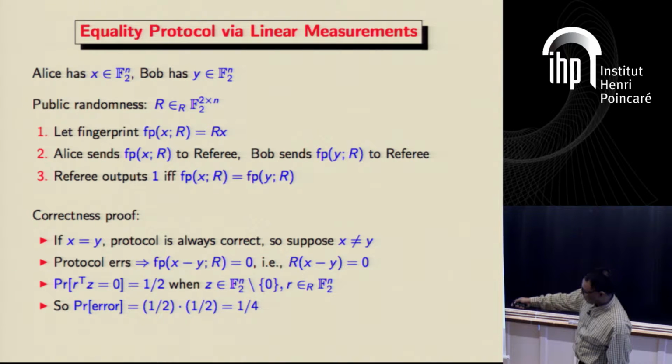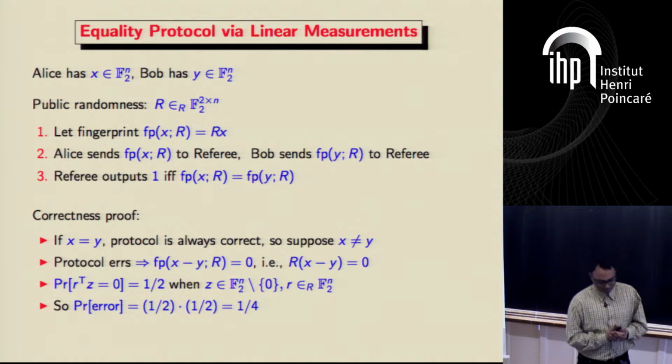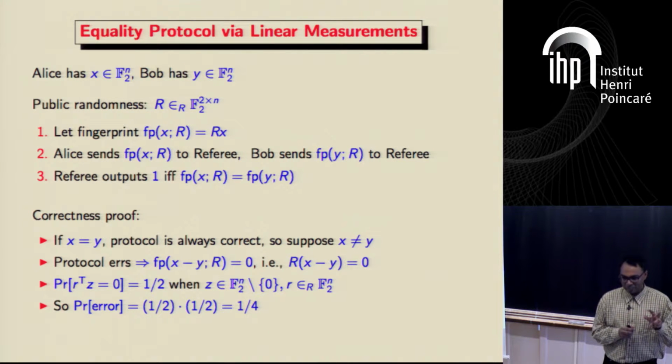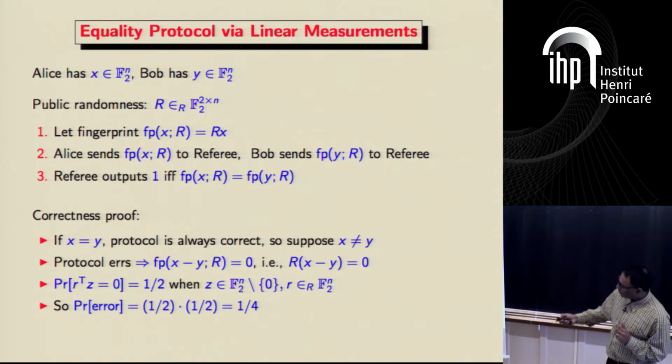You can check. Again, if x equals y, the protocol is correct. If the protocol is wrong, then what must happen? Again, the linearity thing applies. So it gives us r times (x minus y) equals 0. So this means if you take the non-zero vector x minus y, there are 2 different inner products with random vectors that both became 0. So if you analyze the probability that for a fixed non-zero vector, if you take the inner product with a random vector, you get 0, you will find that this probability is exactly 1/2.